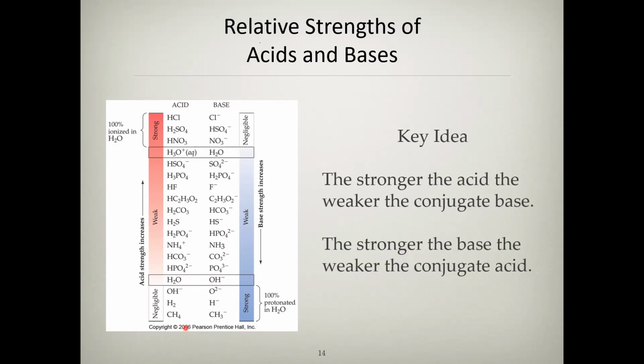So with methane, for instance, it's never really going to donate the proton to become CH3-. And then with the middle ones, where we've actually got our weak acids and weak bases, that's where we see more even strength in terms of the conjugate pairs.